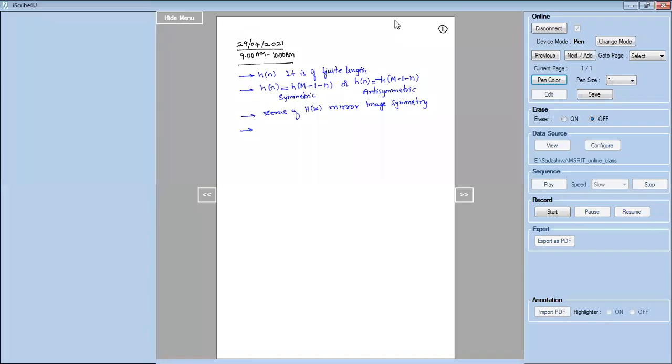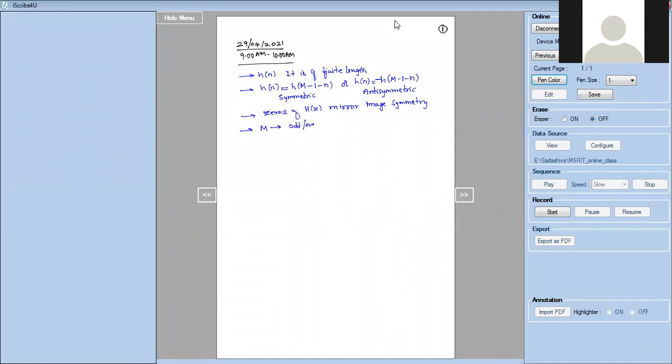Okay. The zeros of h of z are existing in the mirror image symmetry. Then after that, the length of h of n, that is M. So this M can be odd or even, and similarly h of n can be symmetric or anti-symmetric.